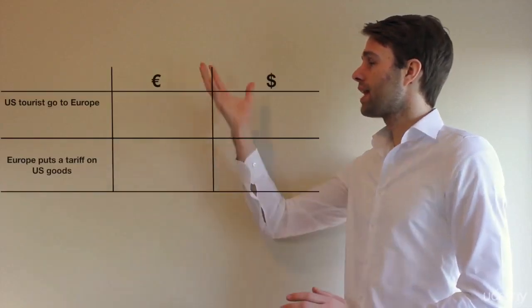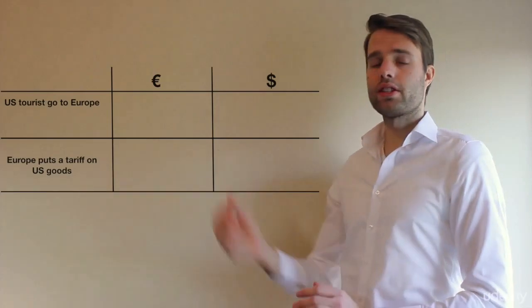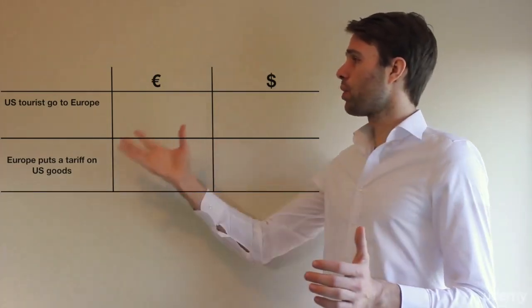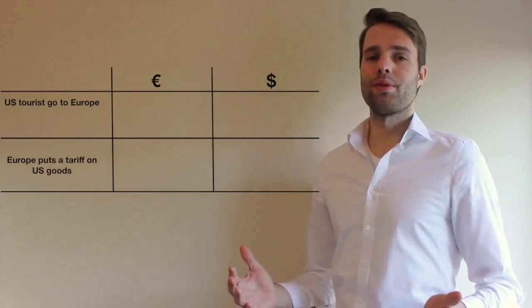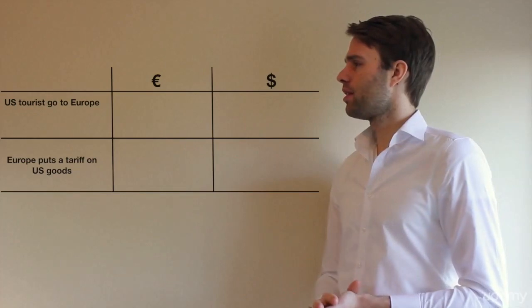Well, to make this story even more clear, let's look at two more examples. Let's see what happens to the euro and the US dollar when there's a change in the market. So imagine that US tourists love Europe. They all like to come to Europe. What will happen to the euro then?